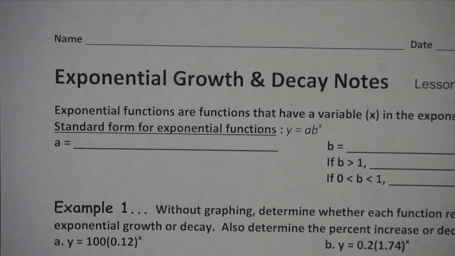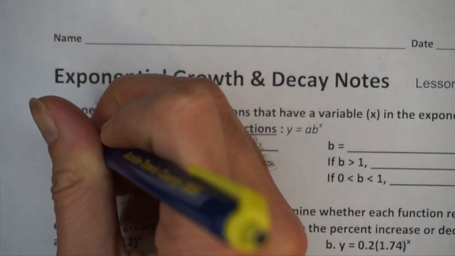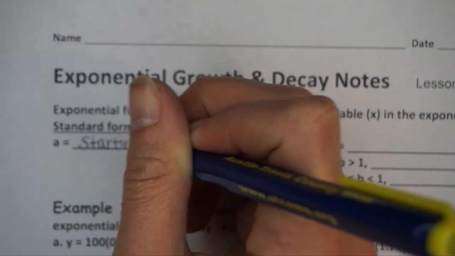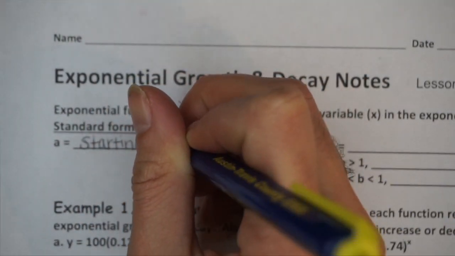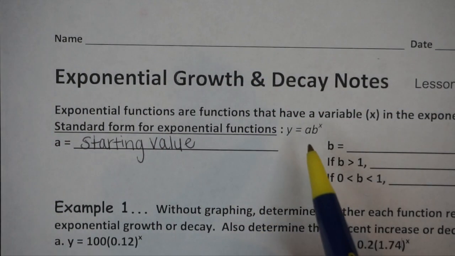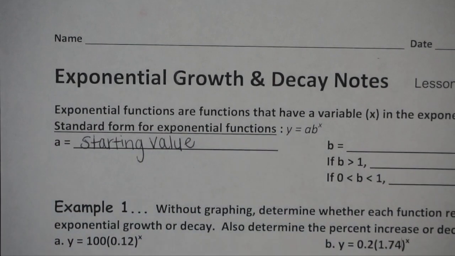The a stands for the starting value. I used the example of a car depreciating a second ago, losing its value. Well, the a in the equation is where you would plug in the actual starting value of the car.